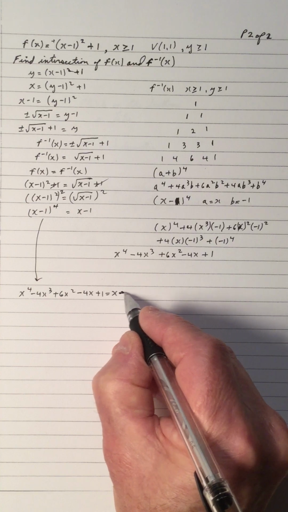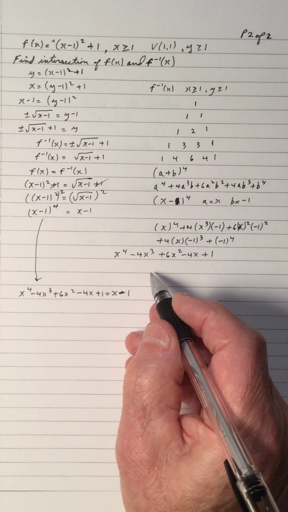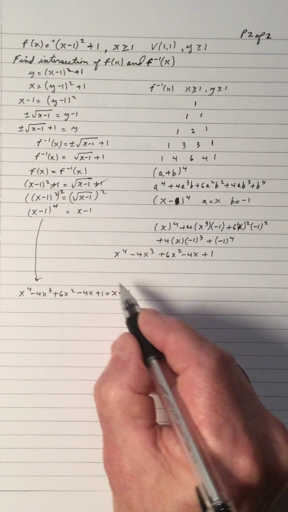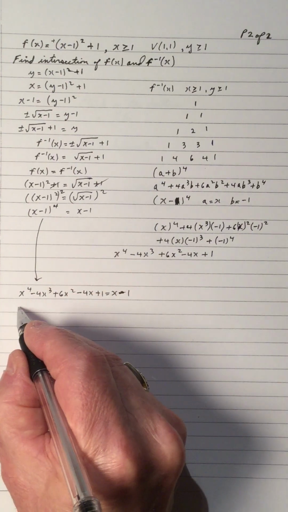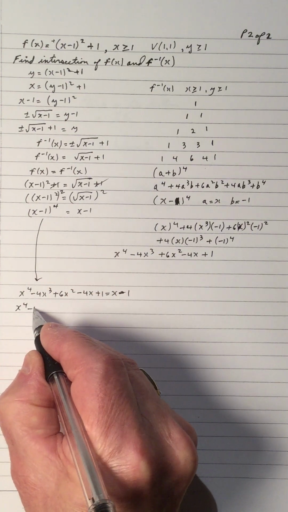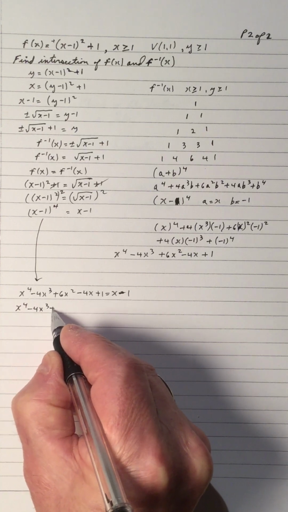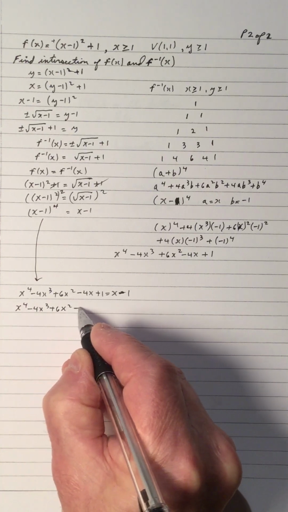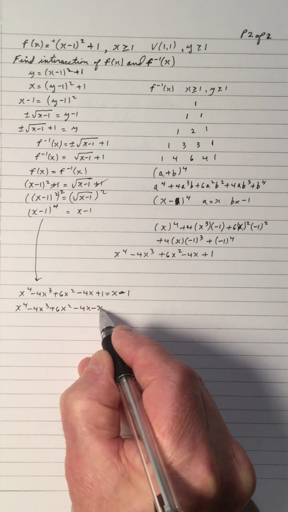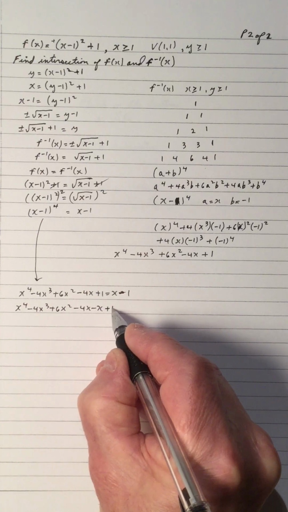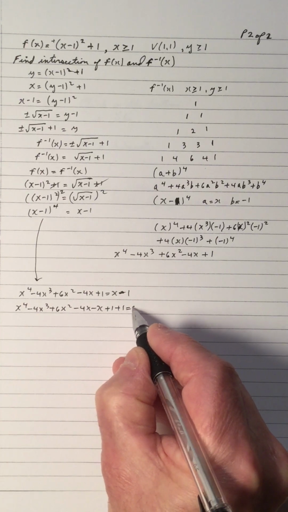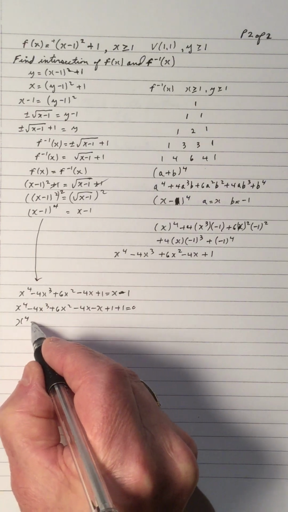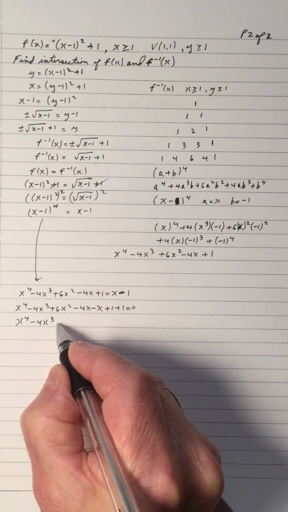Just making sure. So easy to make an error. So it's x minus 1. So we got x to the fourth minus 4x cubed plus 6x squared minus 4x minus x plus 1 equals 0. So we have the equation simplified.